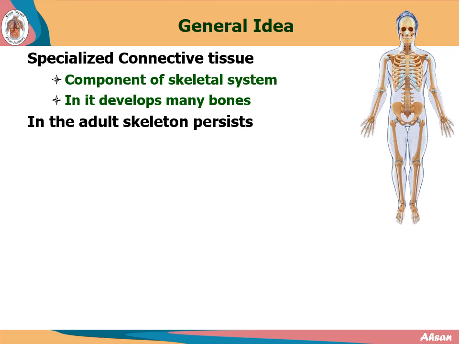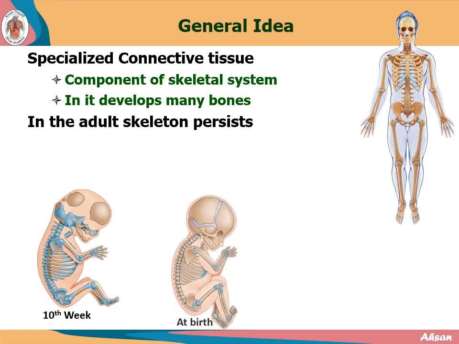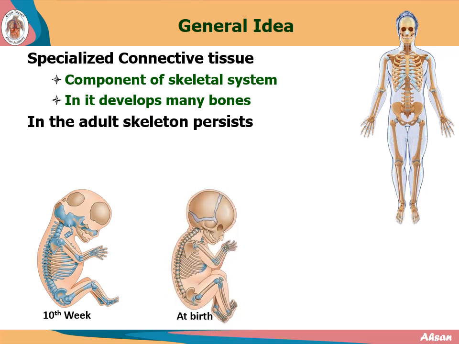In the adult skeleton, the cartilage is present in some specific areas, but if we examine the baby in the mother's womb, in the early 10th week, we will find that most of the skeleton is formed by the cartilage. But at birth, the situation is reversed and most of the skeleton is formed of bone.